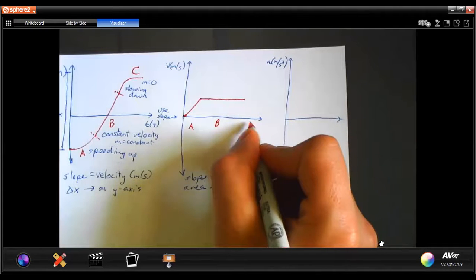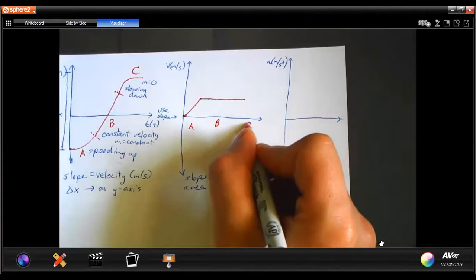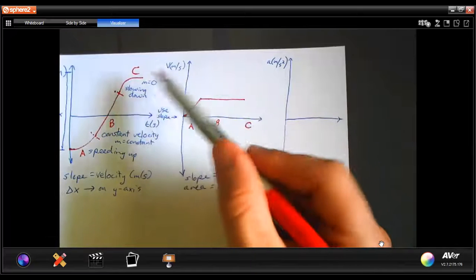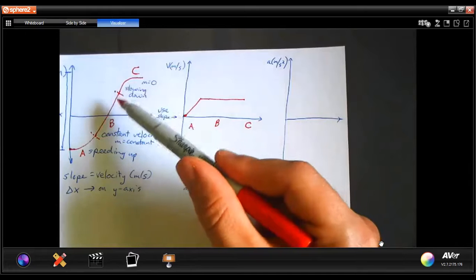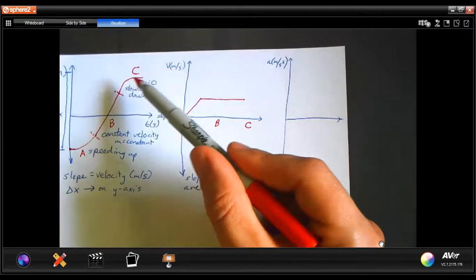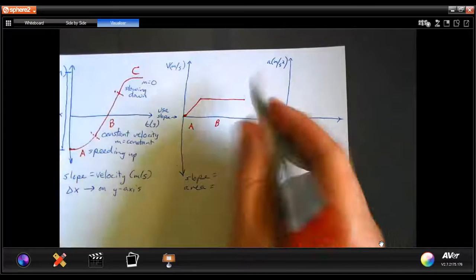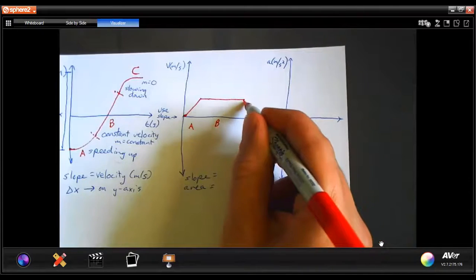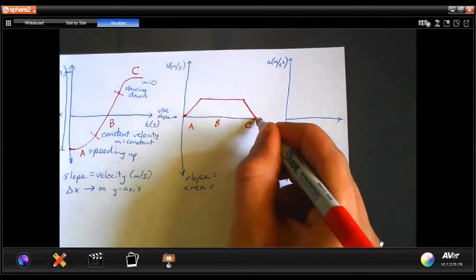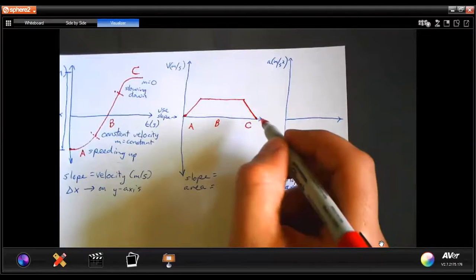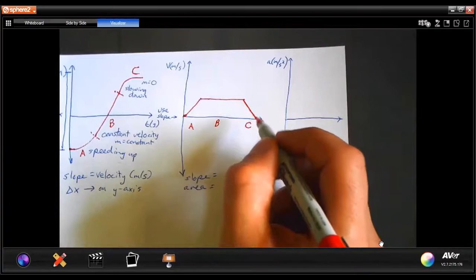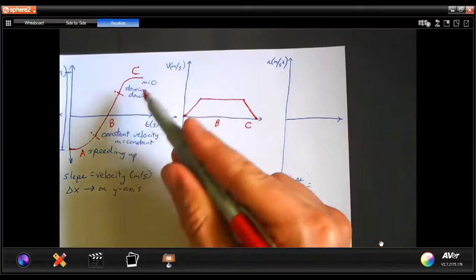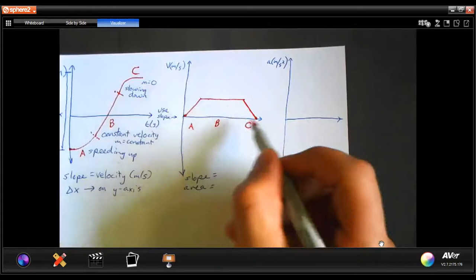And then at C, we start with a positive velocity, positive slope, and it moves to a 0 slope. So that must mean that it has to move in the negative direction till it hits 0. Again, a flat line over here means 0 velocity over here.